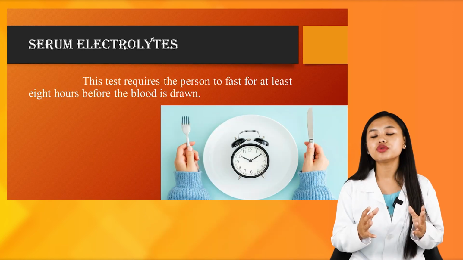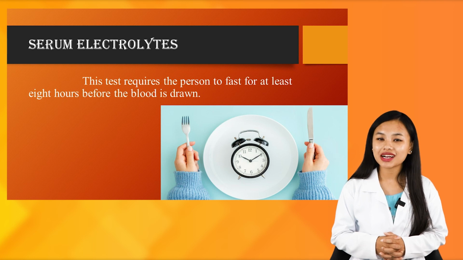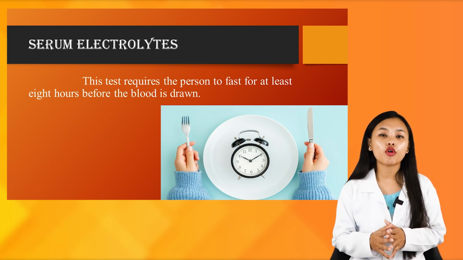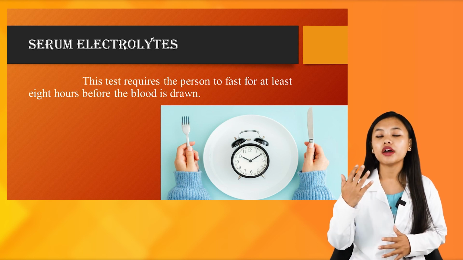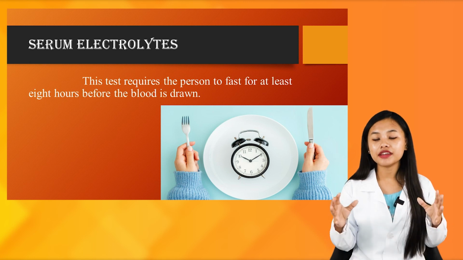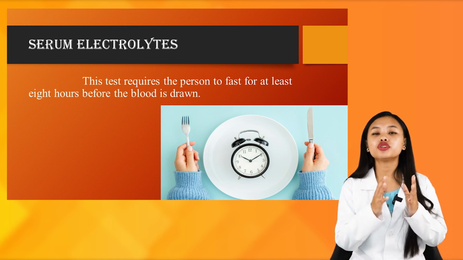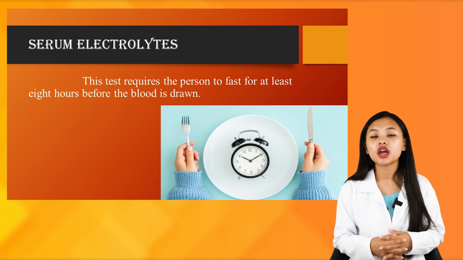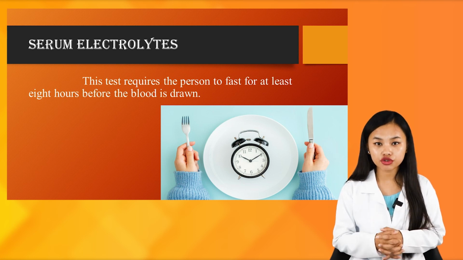These abnormalities usually occur when the amount of water in the body changes. So in order to conduct the serum electrolyte test, it is important that we advise the patient not to take any food or water, to be fasting for at least 8 hours before the blood is drawn.